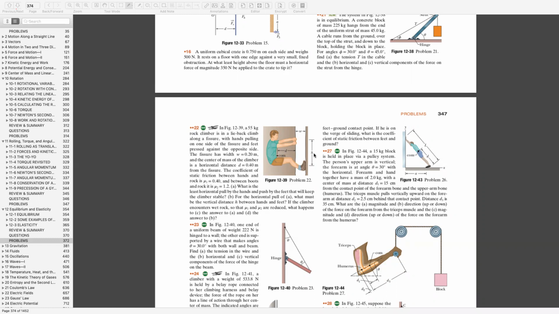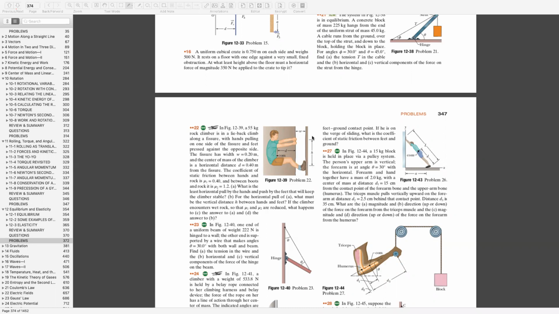I guess we have to use torque to calculate, because we want the torque to be 0. We have the force and the friction, and we have support. I drew all the forces applied on the guy, right?